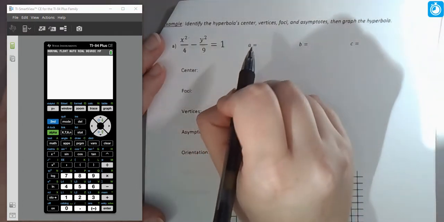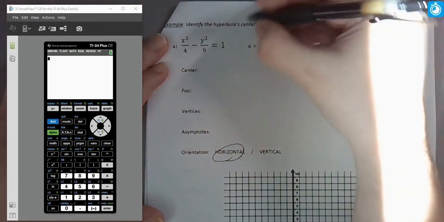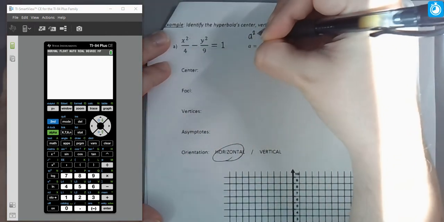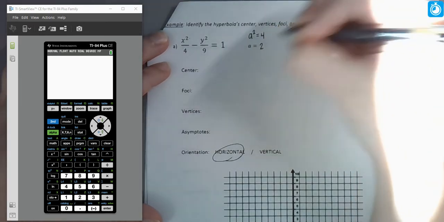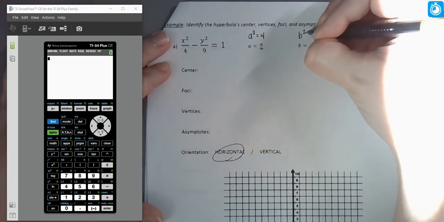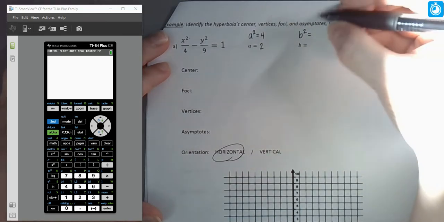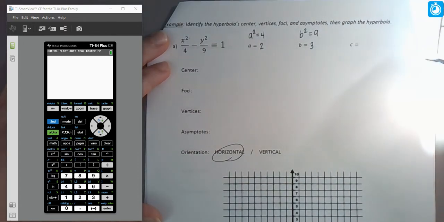Okay, so based on that, a is going to be the square root of this denominator. So a is not 4, a squared is 4, which means a is going to be 2. And then b squared is the denominator associated with the negative term, which is going to be 9. So b is going to be 3.